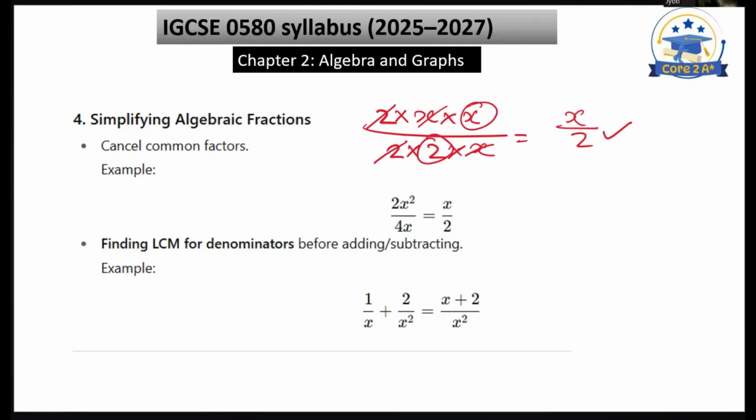Finding the LCM of denominators before addition and subtraction. How can we find the LCM? See, LCM of x and x square. How can we find the LCM?